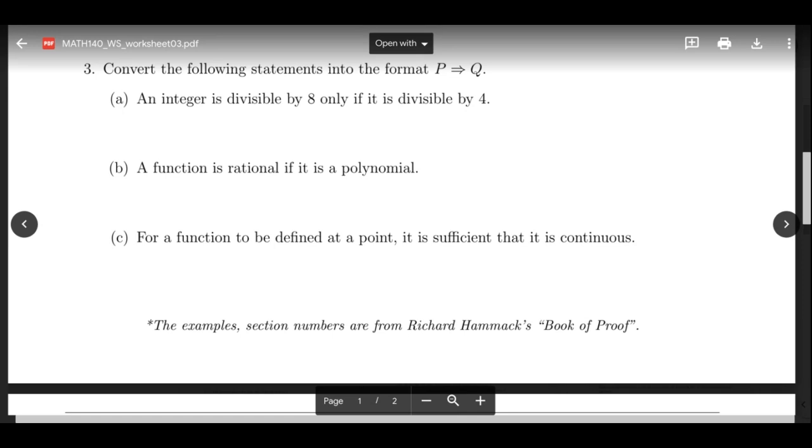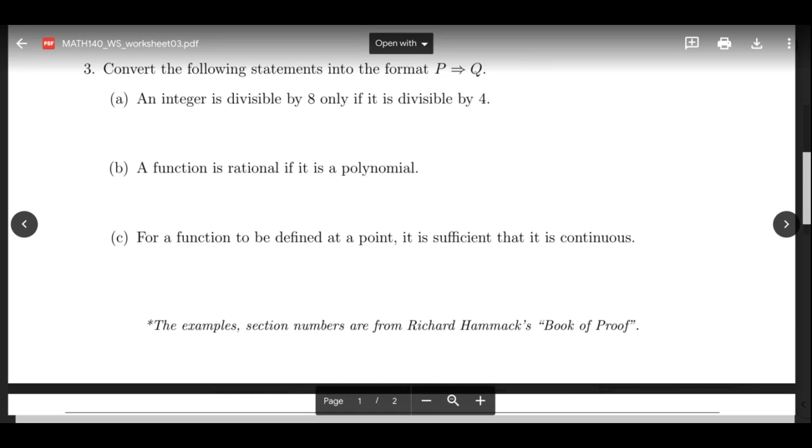Adam, do you see people writing in the chat, Patrick and Jinqi? So P equals, especially for Jinqi's, just switch Jinqi's P and Q. She's saying Q equals integer divisible by 8, and P equals divisible by 4, right?